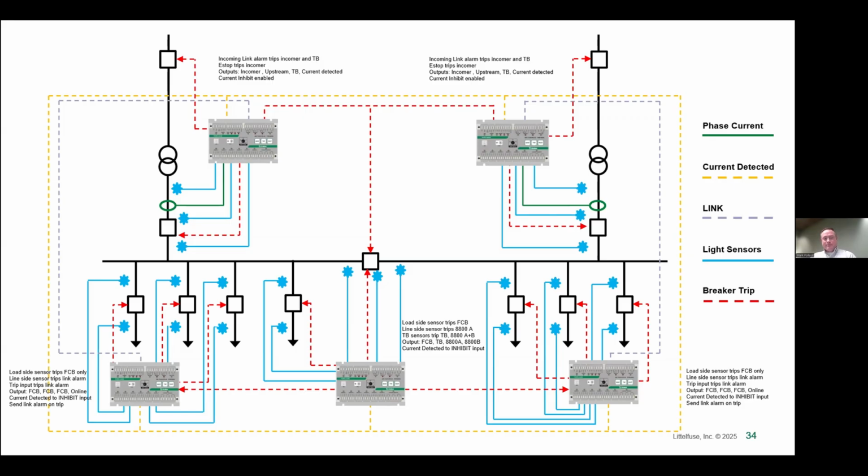They can be set up in order to trip a particular feeder if there's an arc detected on that breaker, on the cable output of that breaker, or it could be set up to automatically trip that half of the bus, trip that incomer and trip that tie breaker. Or you could also decide to just simply trip everything when you see an arc. So the relays can be quite flexible depending on whatever the need is for the application.